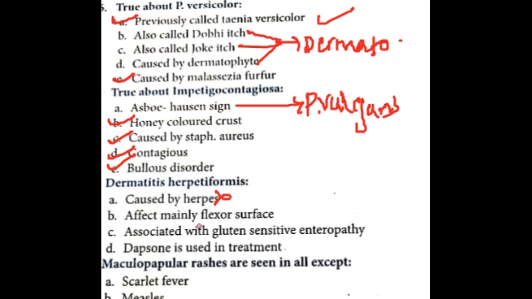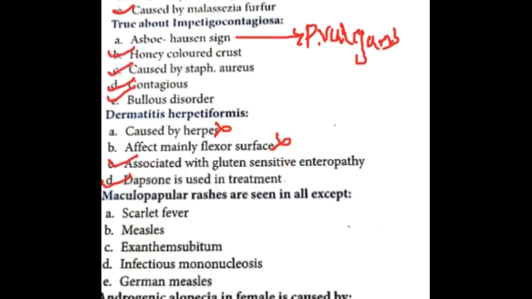It mainly affects the extensor surfaces, not the groin but the buttock region, thigh region, and the back. It is associated with gluten sensitivity and dapsone is used for treatment. Next question.